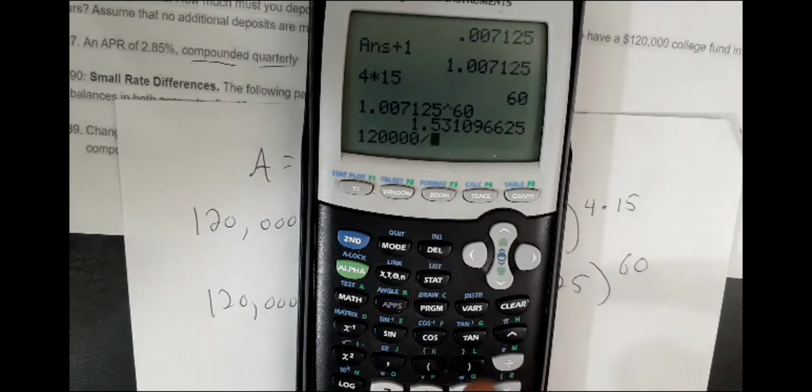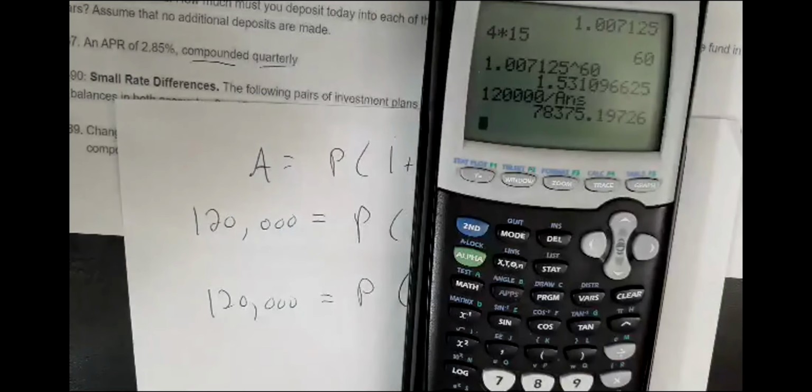So I'm taking 120,000 and I'm dividing it by that crazy number.